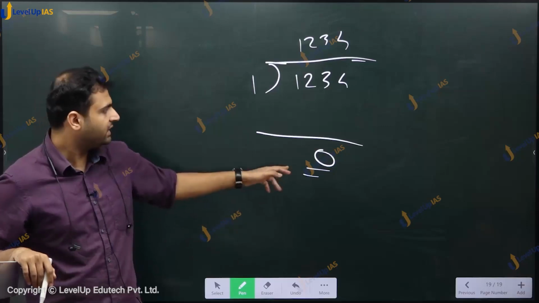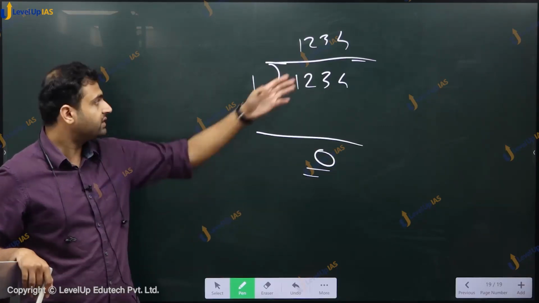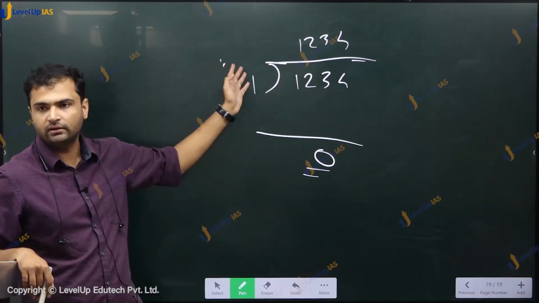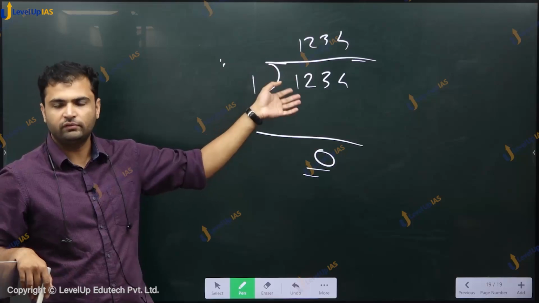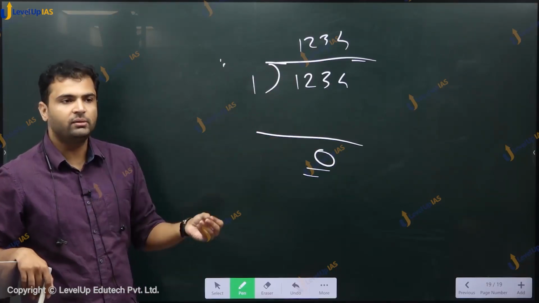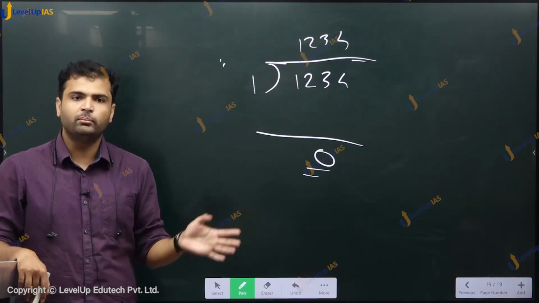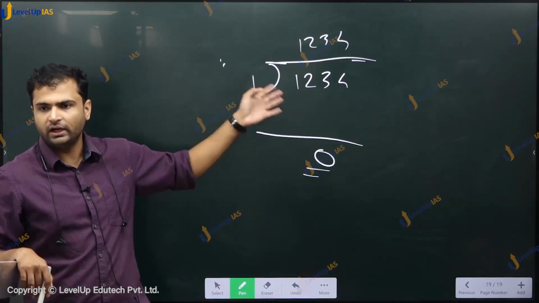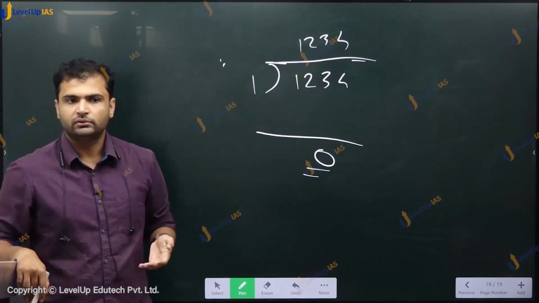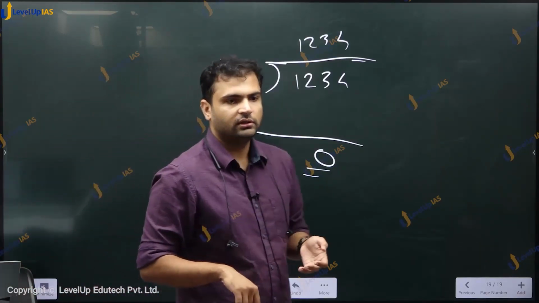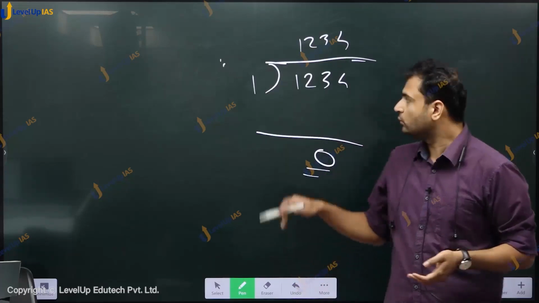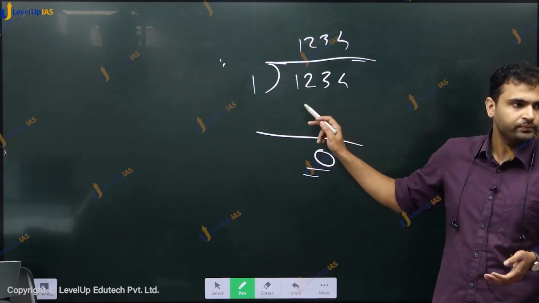So when the remainder is 0, we say that this number is divisible by the divisor. This is the test of divisibility: whenever the remainder is 0, we say that the number is divisible by another number, or the number is a factor, 1 is a factor of 1, 2, 3, 4.